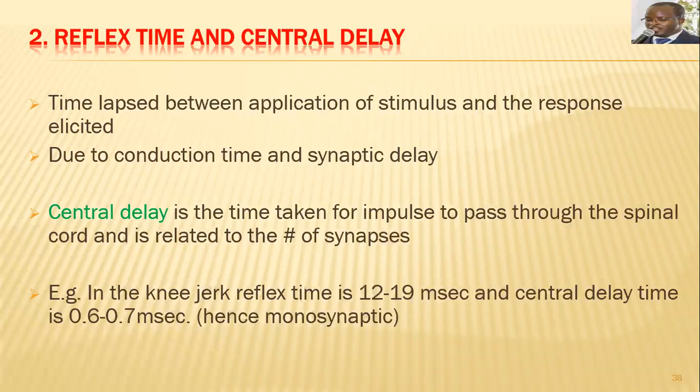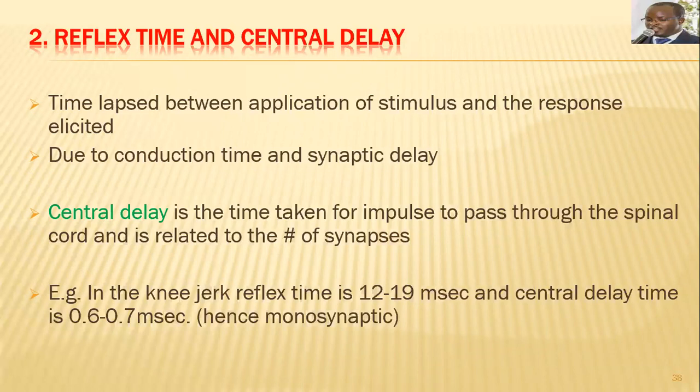So an example given here is a knee-jerk reflex. The time is about 12 to 19 milliseconds, and the central delay time is 0.6 to 0.4 milliseconds. So this is an example of monosynaptic. The central delay is not much because it's just one synapse. When you have bisynaptic, it will be greater than 0.7.